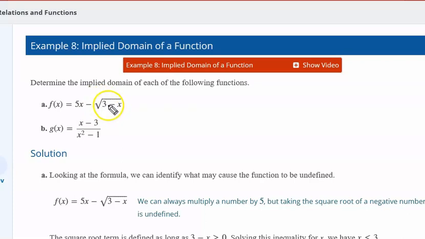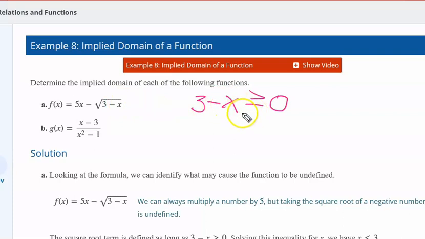So we have to exclude that. And what is the protocol for doing that? Well, you take the radicand, which is 3 minus x, and it has to be greater than or equal to 0. Because the lowest value you could have under that would be 0. Can't have any negative values.